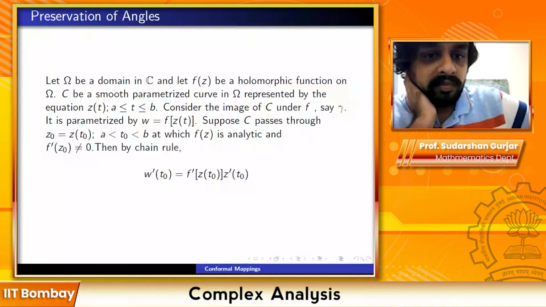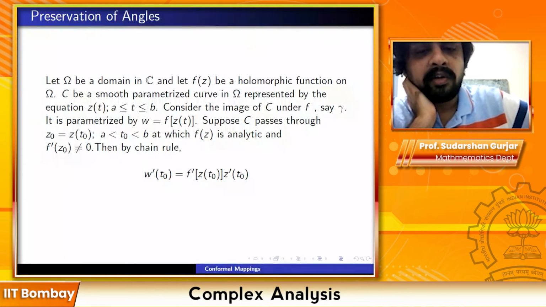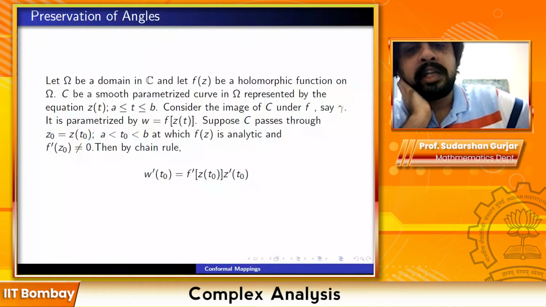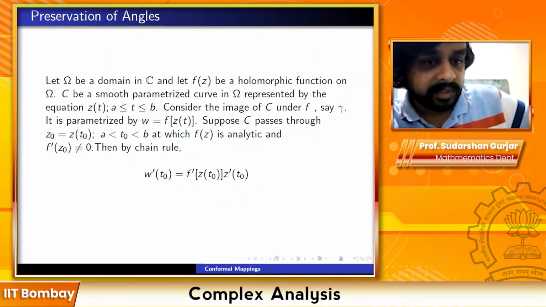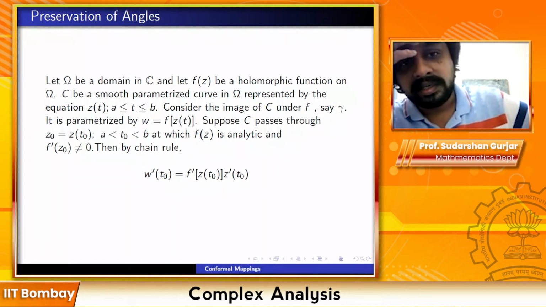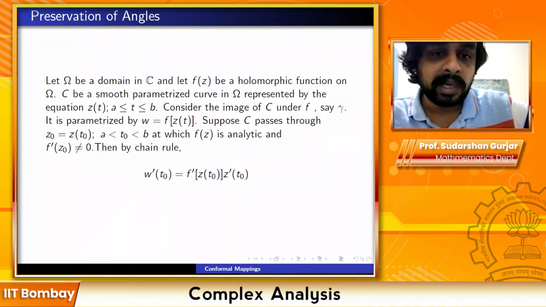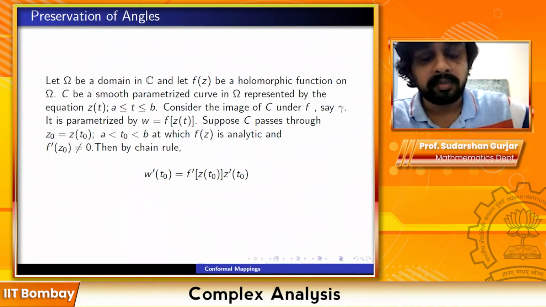Then by the chain rule, what do you get? You get w prime at t0 is equal to f prime at z of t0 times z prime at t0. This is just the usual chain rule. You have z of t as a function of t, and then you're composing it with the function f, so take the derivative. So w prime at t0 is f prime of z of t0 times z prime of t0.